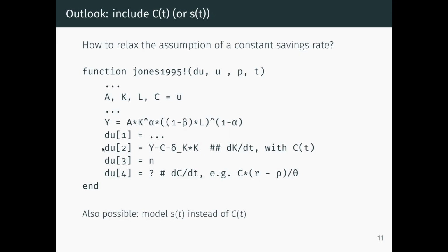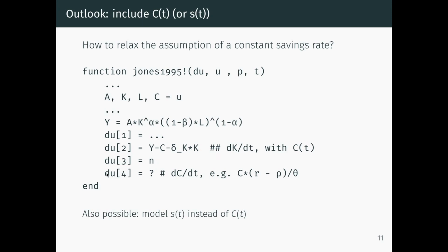The capital accumulation equation would then look a little bit different, because then we would not need the constant savings rate, but actually could deduct the current consumption, the consumption in time t, from total output, and also deduct depreciation, which would then give us investment.